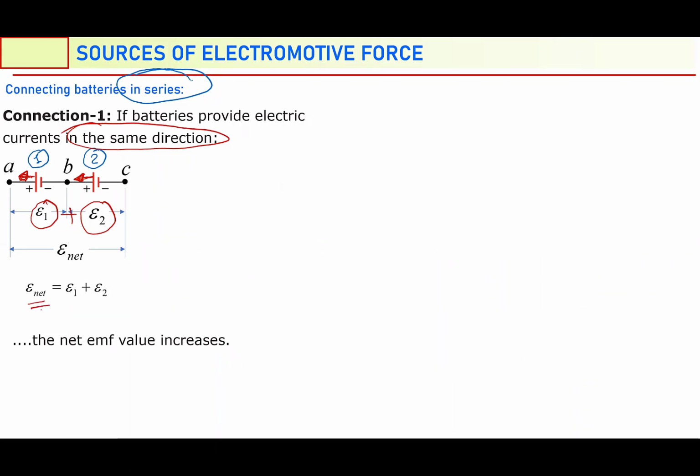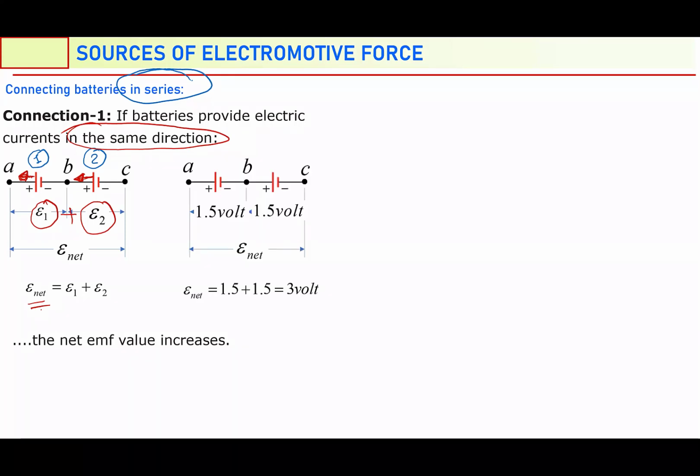If you add these two EMF sources like this, the net EMF value will increase. For example, there are two batteries. One of them is 1.5 volt. The other one is also 1.5 volt. Look at their direction of the electric current. The first one gives an electric current from the positive terminal to the left. The second one is also to the left.